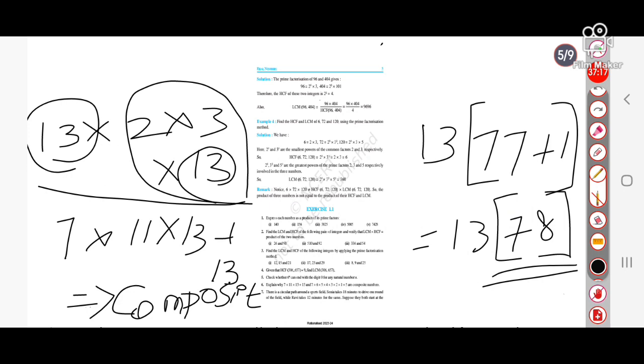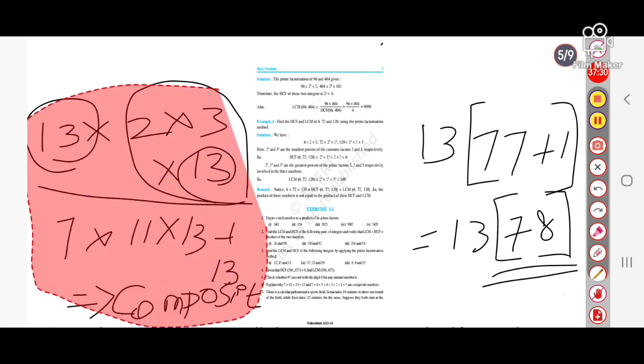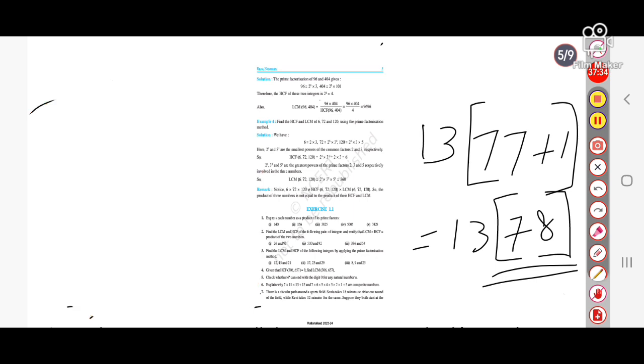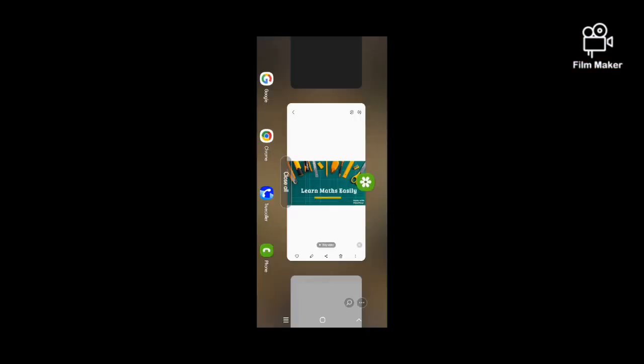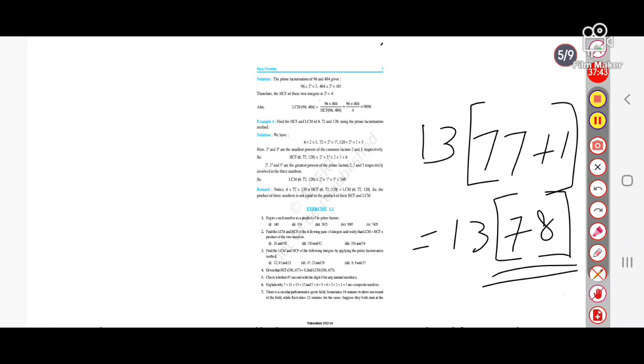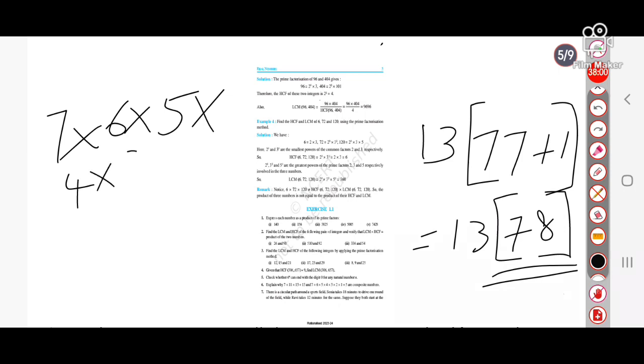Fine. Now we have another number that has been given: 7 cross 6 cross 5 cross 4 cross 3 cross 2 cross 1 plus 5.